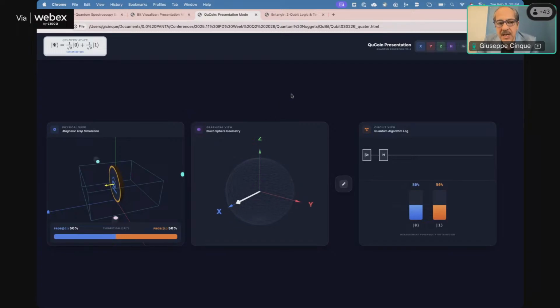The correct way to say it is that it's in a state that has 50% probability of observing the state 0 and 50% probability of observing the state 1. That's the concept of superposition of states in the qubit. And so I have my circuits where I can apply different operators, and this will drive different probabilities of finding my qubit in different states.